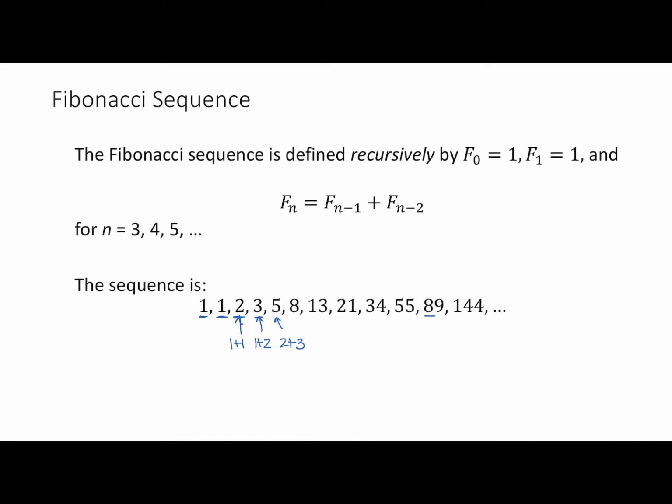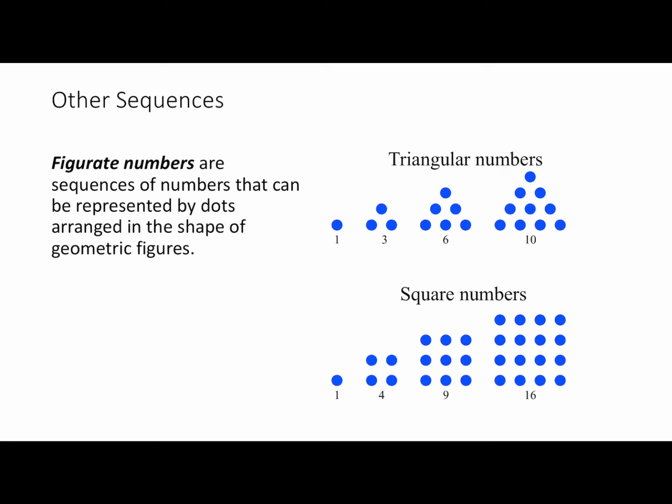If I wanted the next term, I would take 89 plus 144, which is 233, and so on. Okay, so that's the Fibonacci sequence. I just wanted you to see that one.